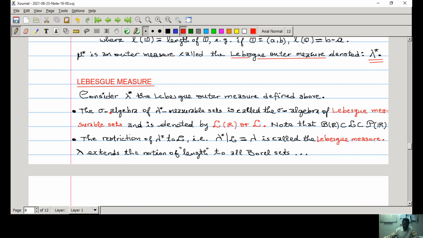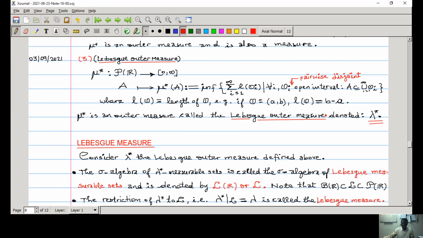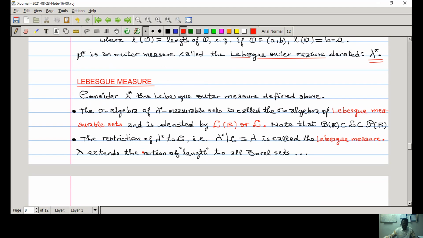And so we are here. Obviously, as noted here, instead of mu, for the Lebesgue we can call it lambda star, and the Lebesgue measure will be denoted by lambda. Okay, so that's the connection between Lebesgue outer measure and Lebesgue measure.